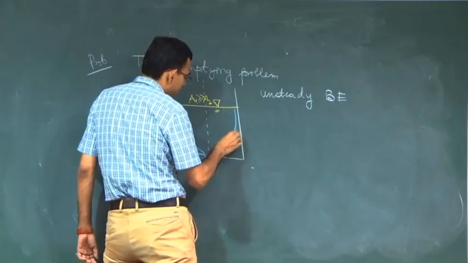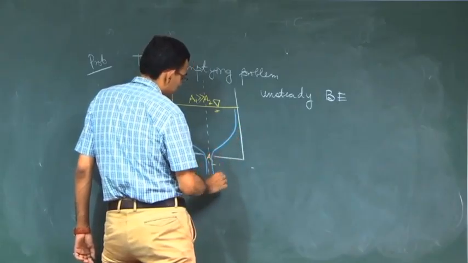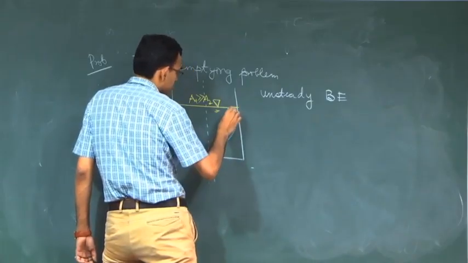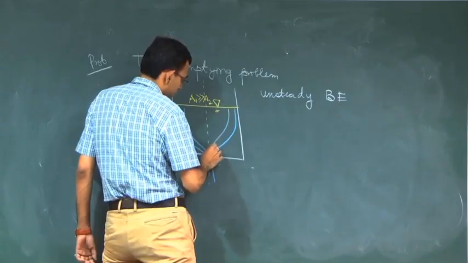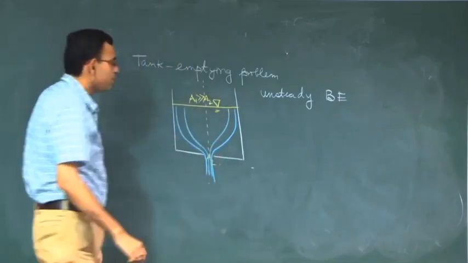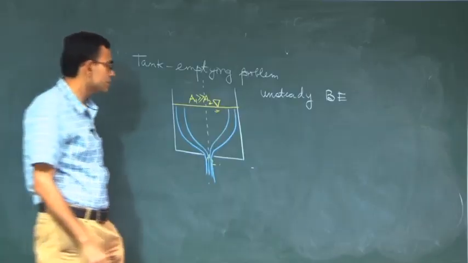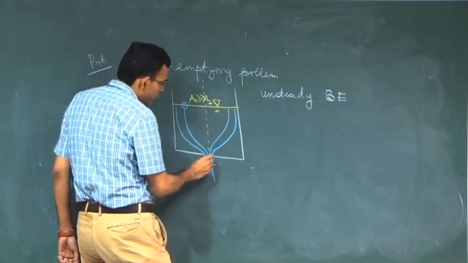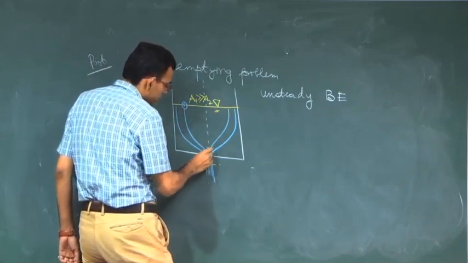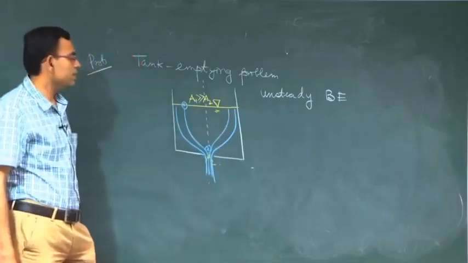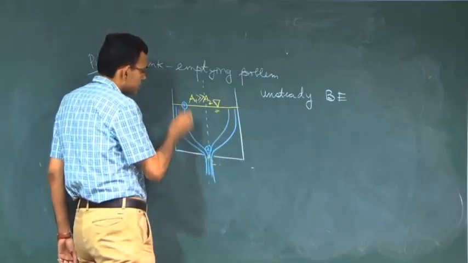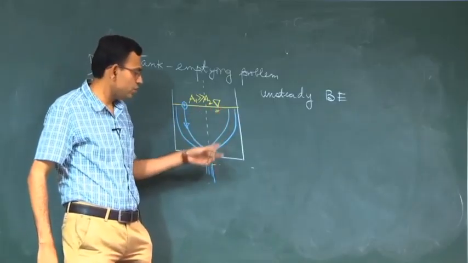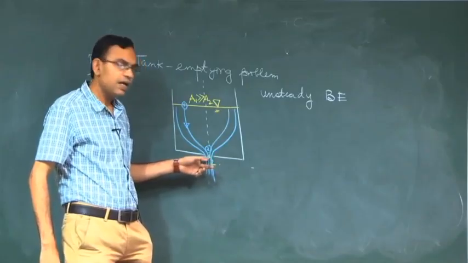I am just drawing some representative streamlines, like this, and let us say that we consider 2 points, 1 and 2, located on a streamline, where 1 is at the area A1 and 2 is located on the area A2.